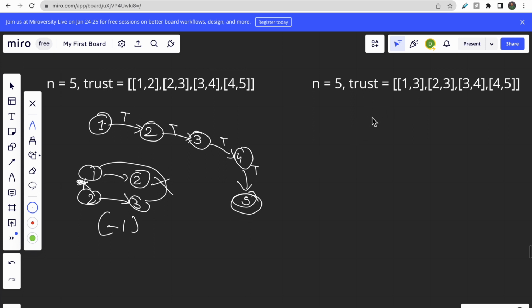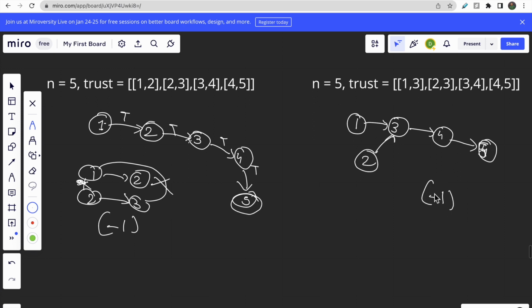Now in this example, person 1 trusts person 3, person 2 trusts person 3, person 3 trusts person 4, and person 4 trusts person 5. Here also there is not a single person trusted by all other people of the town, so we return -1.